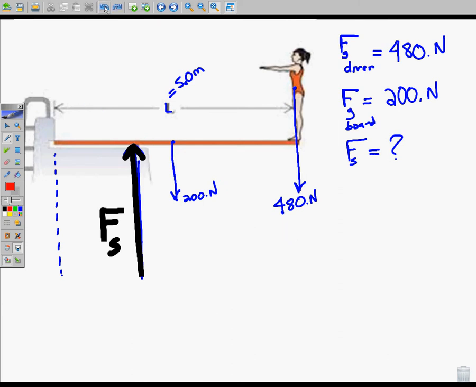So what's going to be happening at this point here? There's going to be a downward force preventing that side from tipping up.